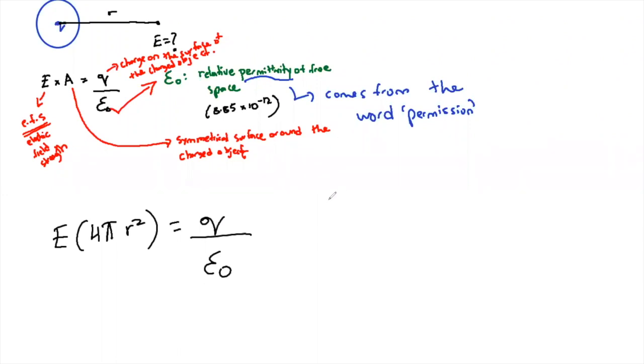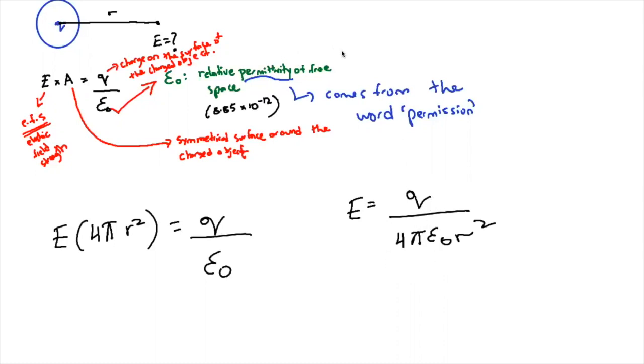And the formula for electric field strength is going to be Q divided by 4 pi E naught r squared. All right, and now I'm going to introduce a new constant. I was wrong to compare E naught and G, because the more logical comparison is what I'm about to do.